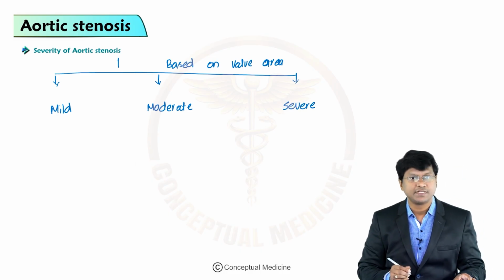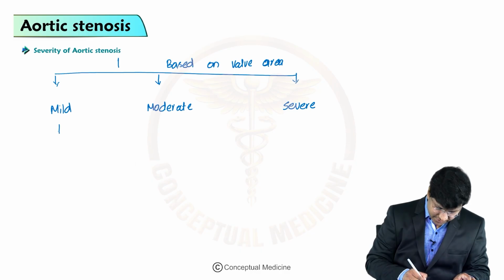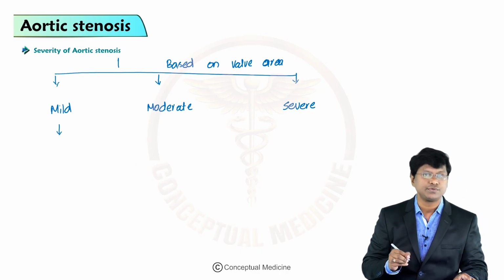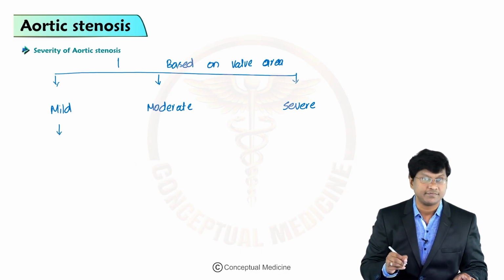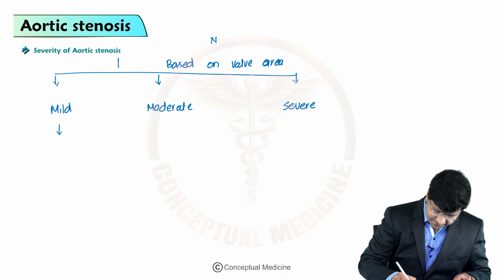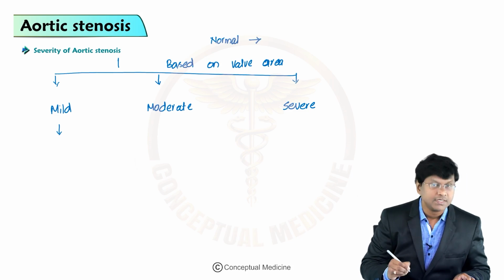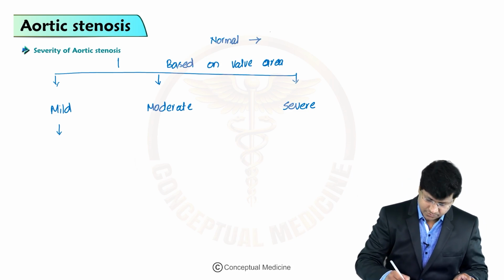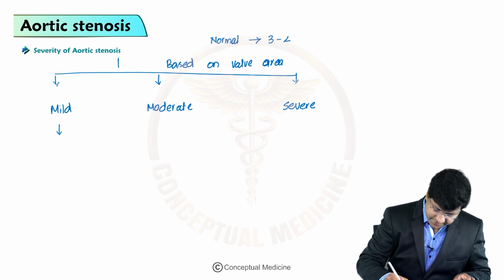In case of mild aortic stenosis, first of all you need to know how much is the normal valve area. Normal aortic valve area is around 3 to 4 centimeter square.